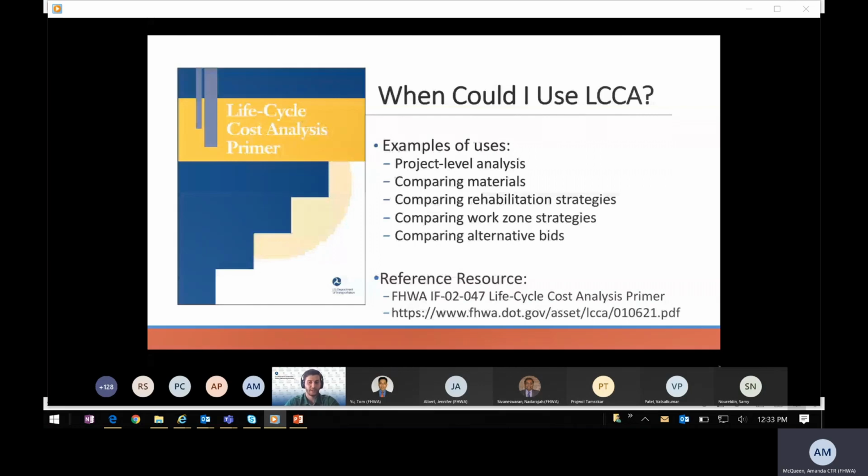I'd just like to remind everybody that if at any point during this webinar any of the language I use for LCCA seems unfamiliar or unclear, please refer to FHWA's Life Cycle Cost Analysis Primer with the following link here on the slide and in the chat box. This primer includes general principles for LCCA and isn't specific to LCCA use in pavement design, but it's still a really useful reference for our purposes. Next slide.